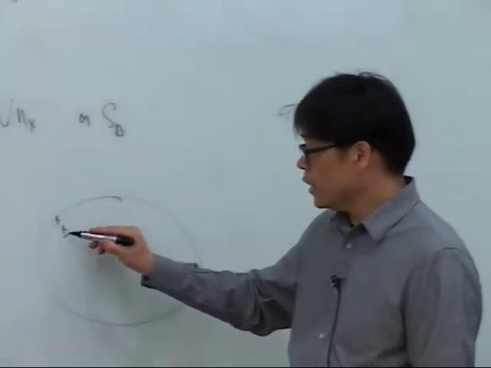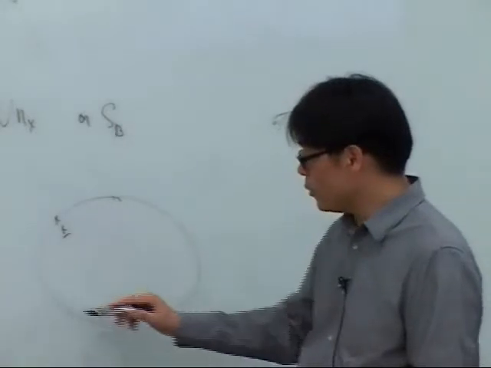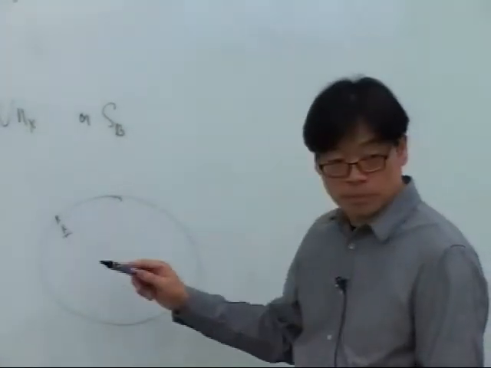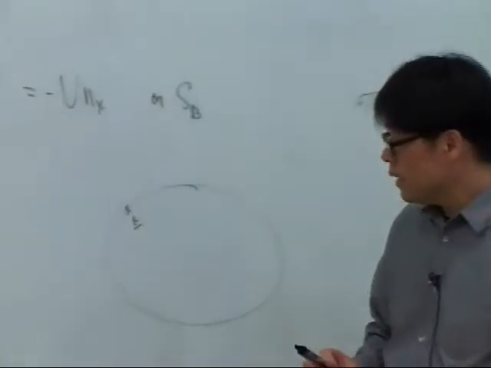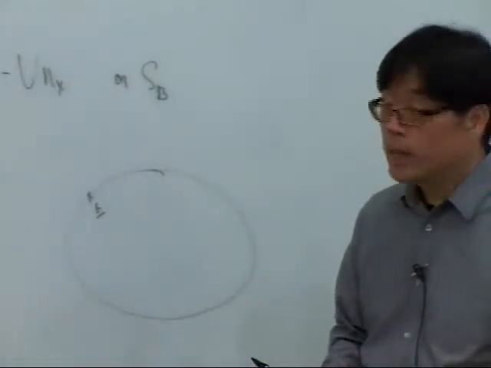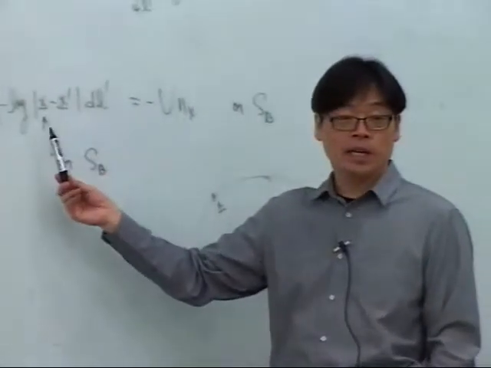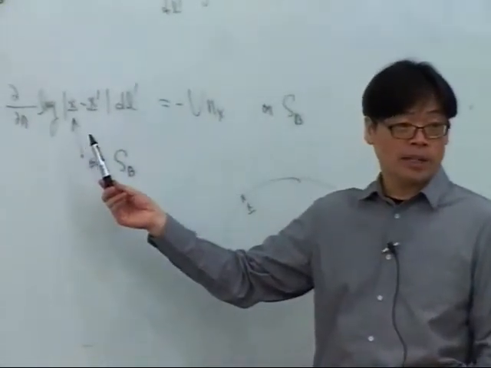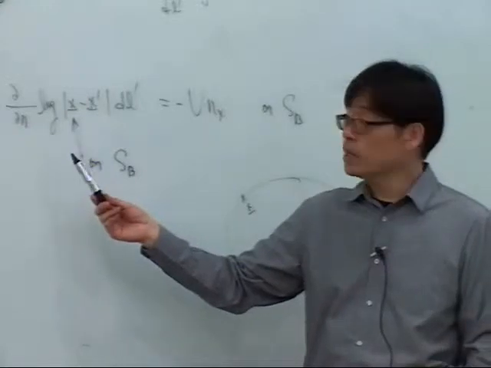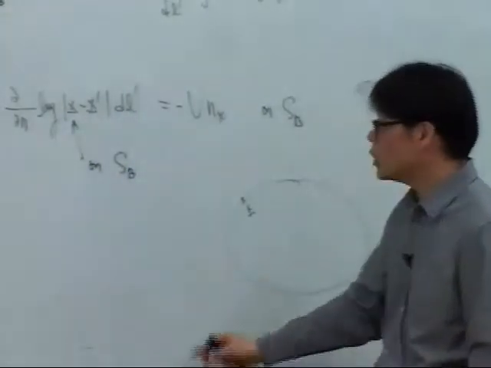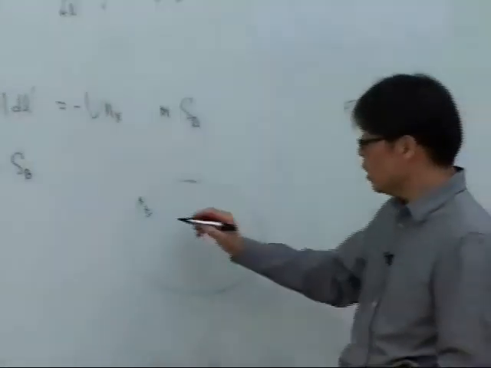If your x is here, x prime is everywhere. So for some x prime, x and x prime are identical. And then what happens? When you take a derivative of this guy, it looks like 1 over r, and it blows up. Okay, so you have to be careful about this, and so that's what we are going to do.